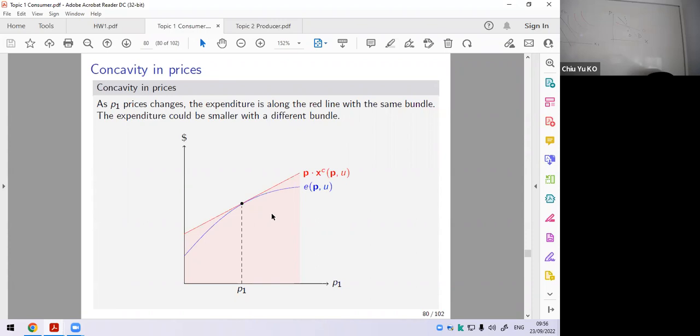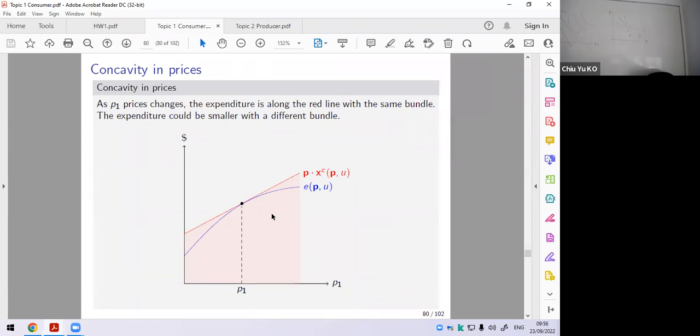Let me repeat once more. This is the money, this is the price. At a certain price I have an optimal bundle, which is given by this one. At this optimal bundle, I keep it while changing the price. If I keep the same bundle but change the price, then my expenditure changes linearly, because I'm not changing my consumption package.